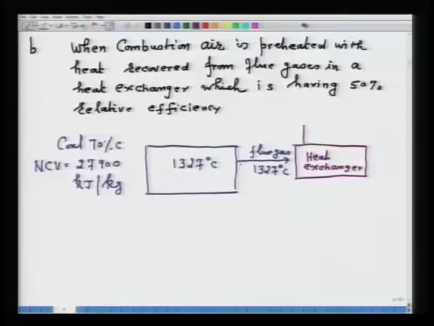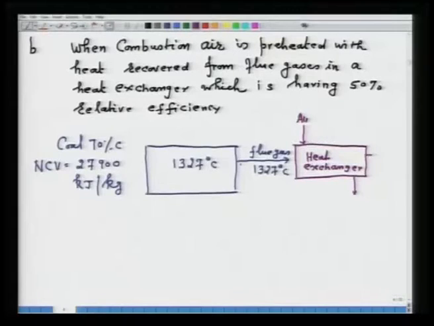So, here somewhere I put my air which I require for combustion. In part A it was not preheated, now the same air I am preheating. So, air, and here is the outlet for air and here is the flue gas. Of course, this temperature you have to find out from heat balance, which presently is not our objective.